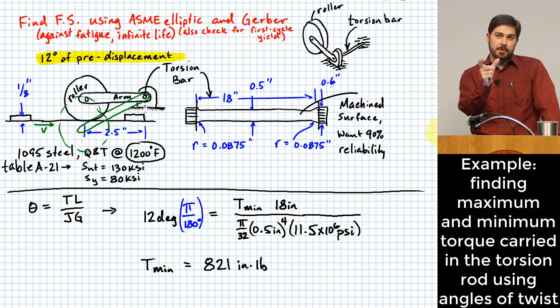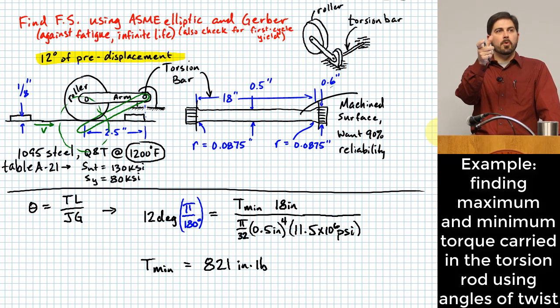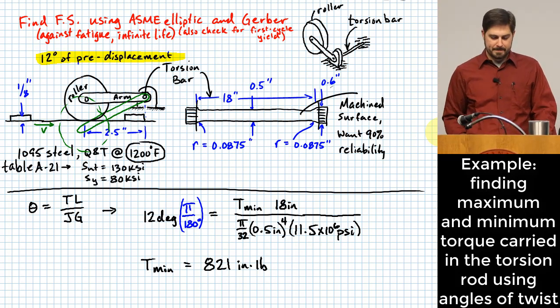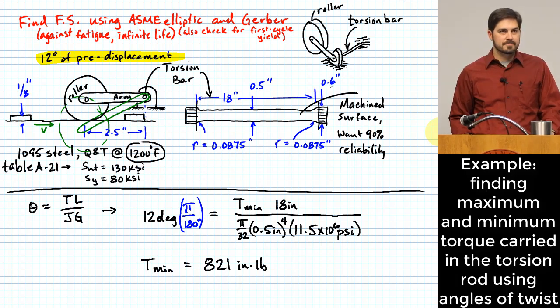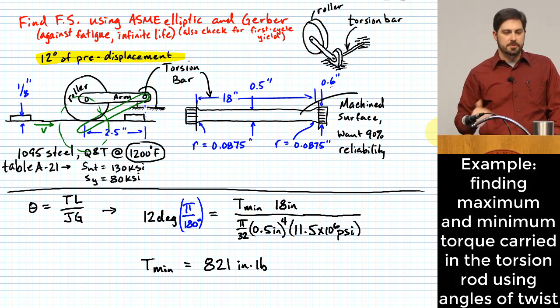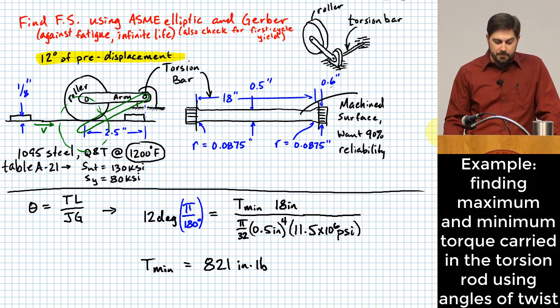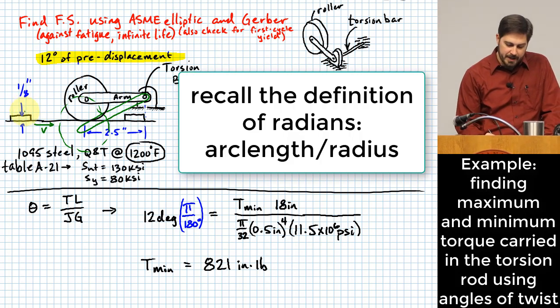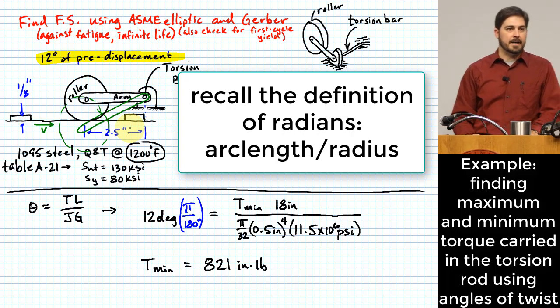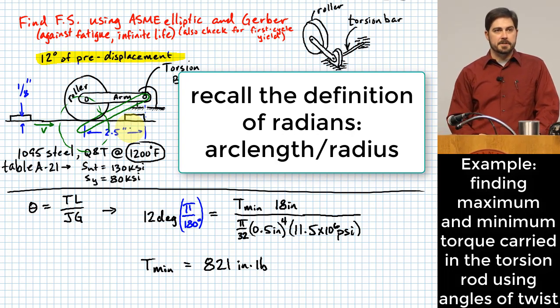It'll be 12 degrees plus a little bit more. What's the best way for us to come up with what that little bit more might be? You could kind of do it that way where you found a little hypotenuse of a little triangle right there. I'll say that for the size of the displacement right here, 1/8 of an inch over a length of 2.5 inches, I feel comfortable using basically just the definition of radians.